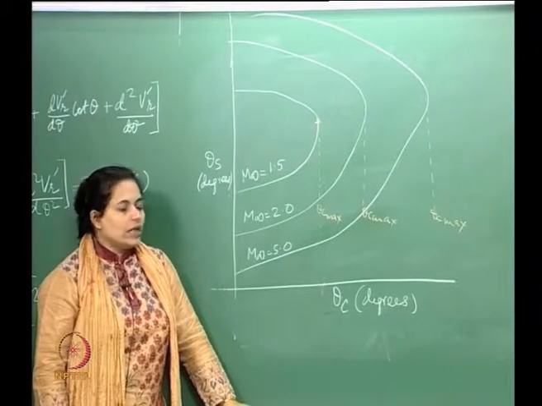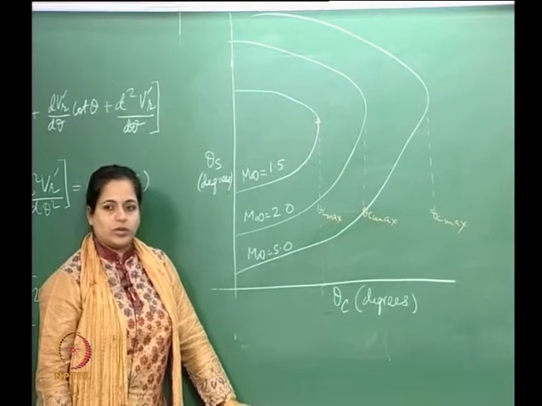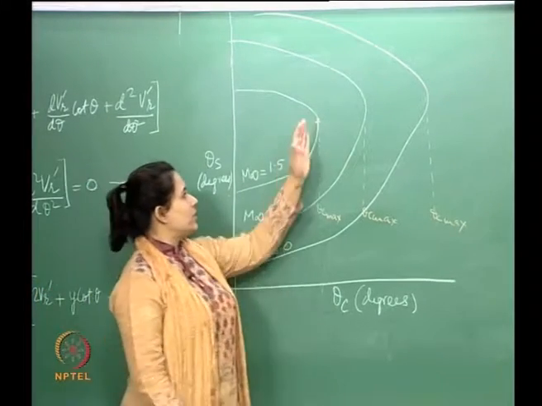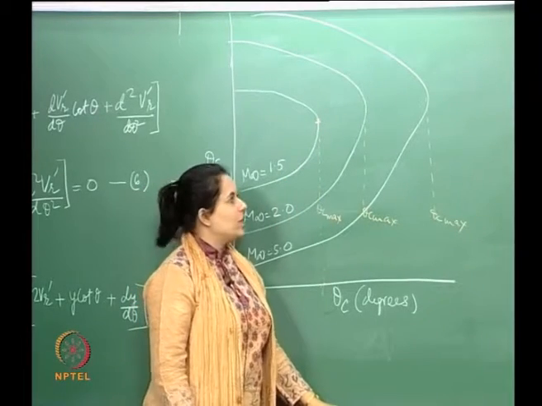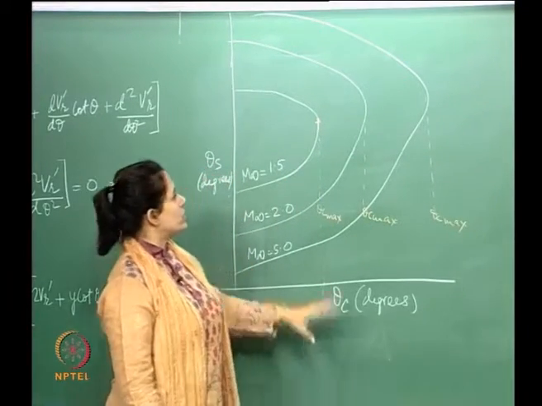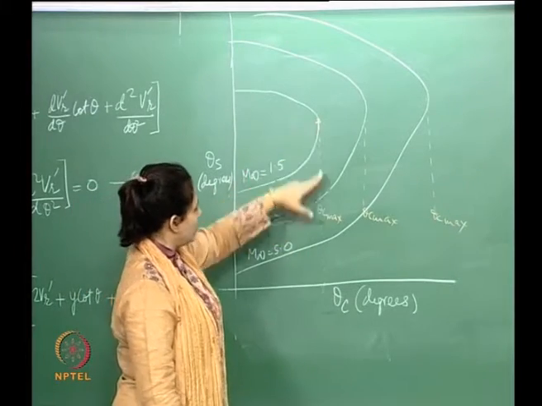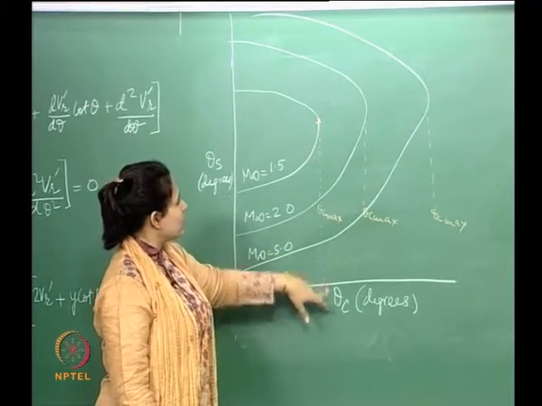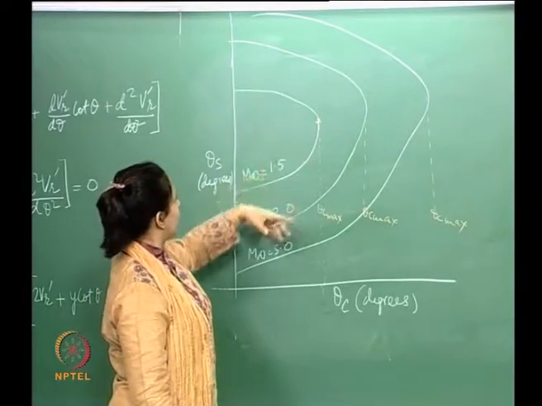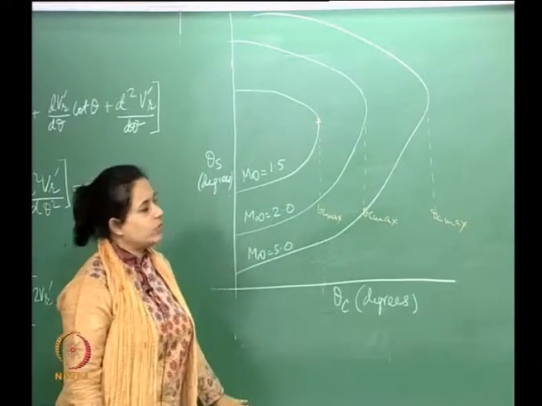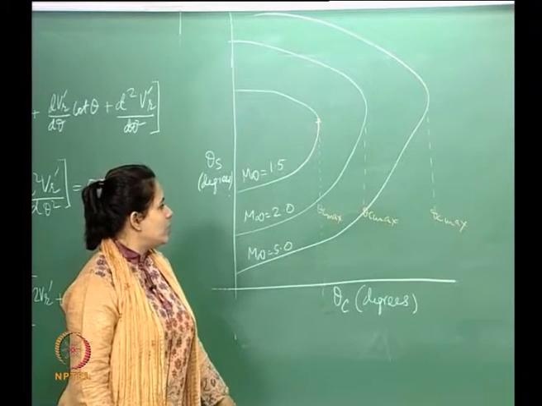The Taylor-Maccoll equation is not going to give you a solution past it. Essentially after this the shock is detached. So, the Taylor-Maccoll equation is going to give you solutions only when your theta is less than the theta max. So, this is also like we did for the wedge.